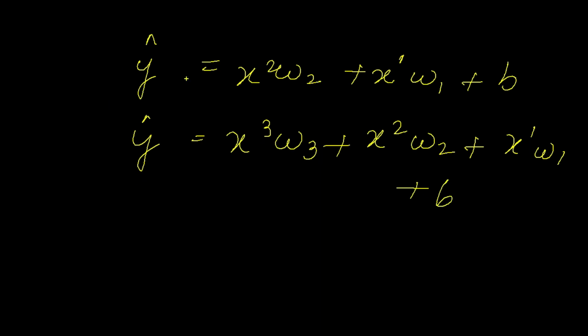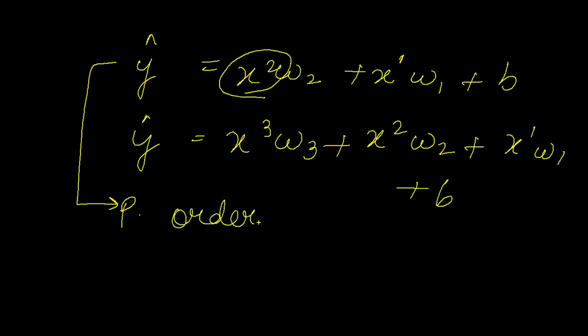You can see that here the maximum power to which x is raised is 2. So we call this equation a polynomial equation of order 2. Similarly, here x is raised to power 3. Therefore, this equation is simply called a polynomial equation of order 3.